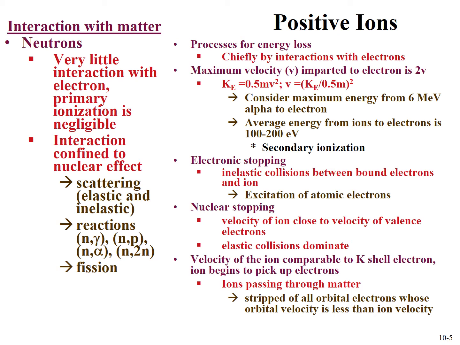And we've also discussed the influence of velocity. So when the velocity of the ion is comparable to the K shell, the ion will begin to pick up electrons. So something passing through matter will be able to pick up electrons once that particle's velocity is on the order of the K shell electron. This is going to have an influence on particles interacting with different types of matter.